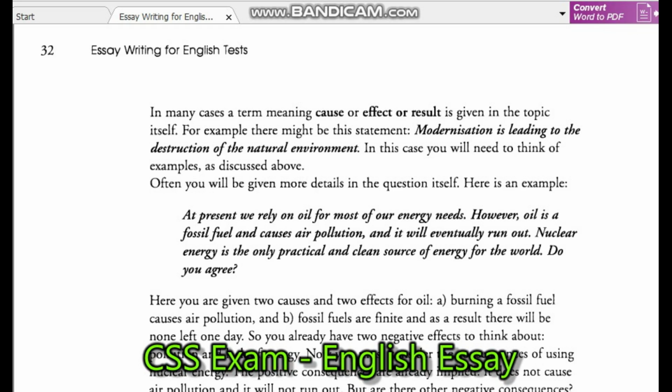A. Burning of fossil fuel causes air pollution, and B. Fossil fuels are finite, and as a result there will be none left one day.